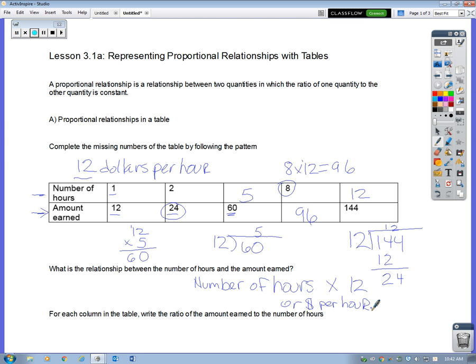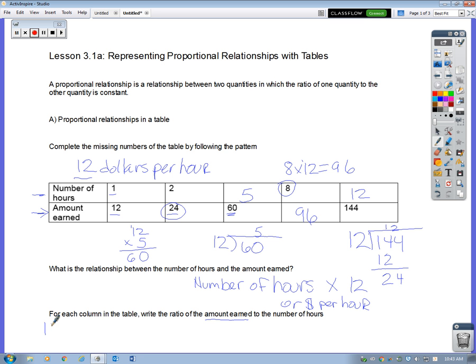Now, for each column that we've completed on our table, we're going to write the ratios for the amount earned to the number of hours. Because it says amount earned first, that's the first number when we write our ratios here.